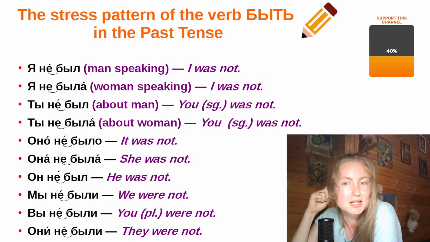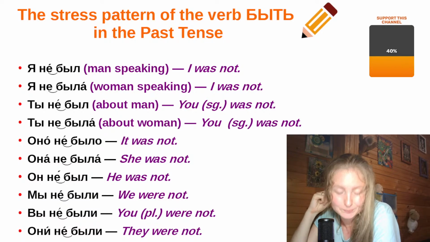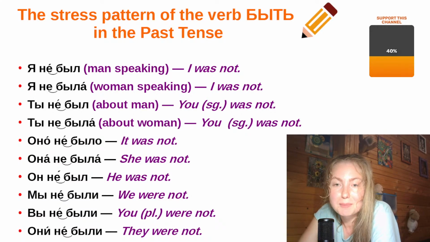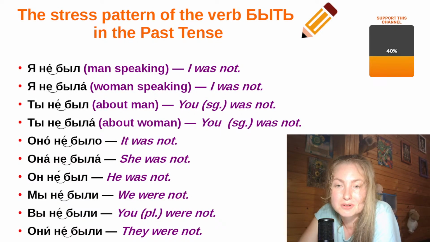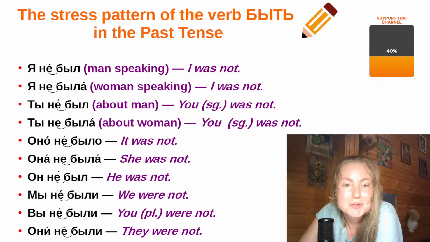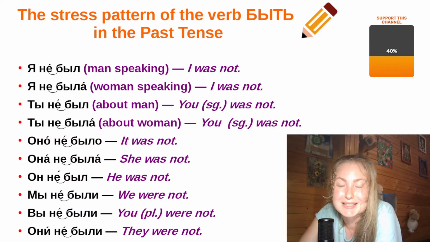About the future tense, we will talk later. And what happens in the past tense again? It's very interesting because the past tense of this verb changes its accent. So how do we pronounce it? I gave you all possible patterns of this accent in the past tense.